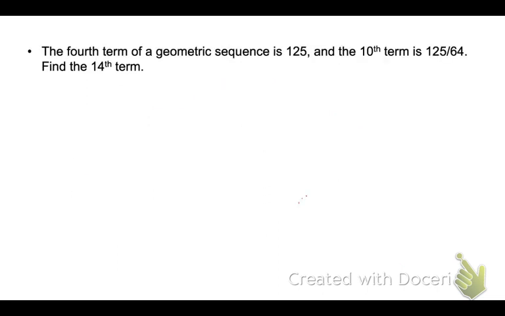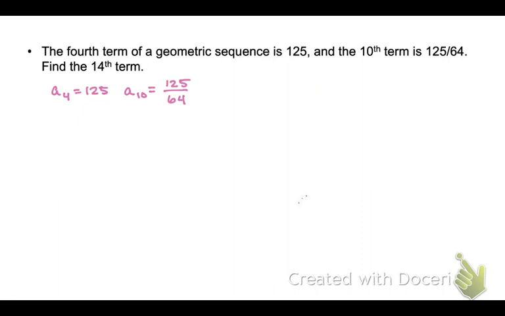Okay, the fourth term of the geometric series is 125. So a sub 4 equals 125. And the 10th term is 125 over 64. I hate that they write fractions like that, but that is how the book does it. And I want to find a sub 14 when I'm done. Oops.